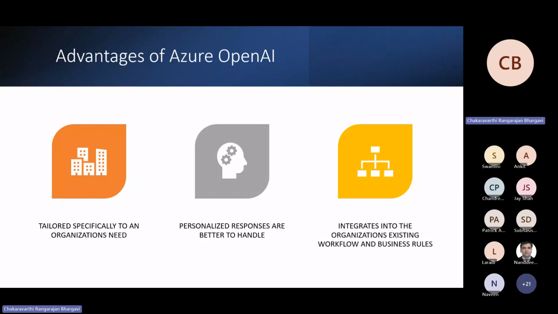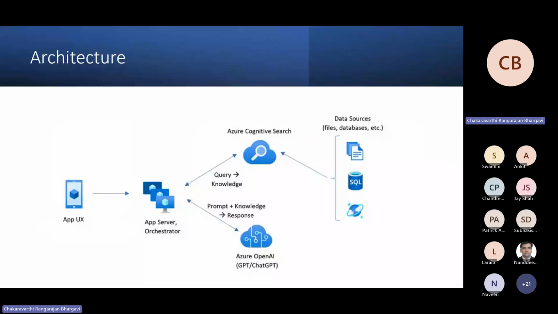And then when it comes to the architecture, what you would be doing is that you will be having a UI UX screen, and inside the UI UX screen you would be integrating with your app server.